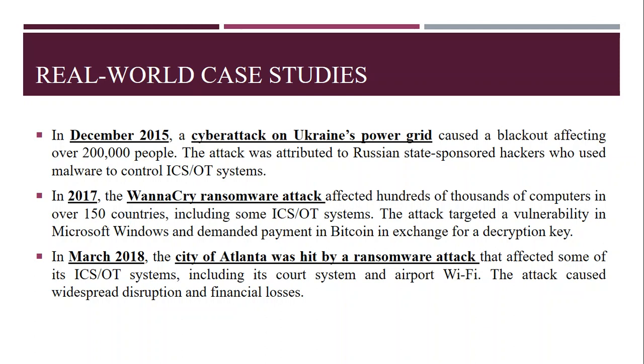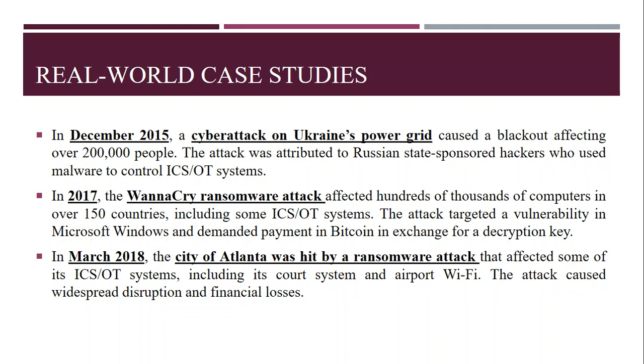In 2017, the WannaCry ransomware attack affected a large number of countries, like 150 countries, and its demand was to pay Bitcoin in exchange for a decryption key for the encrypted data.